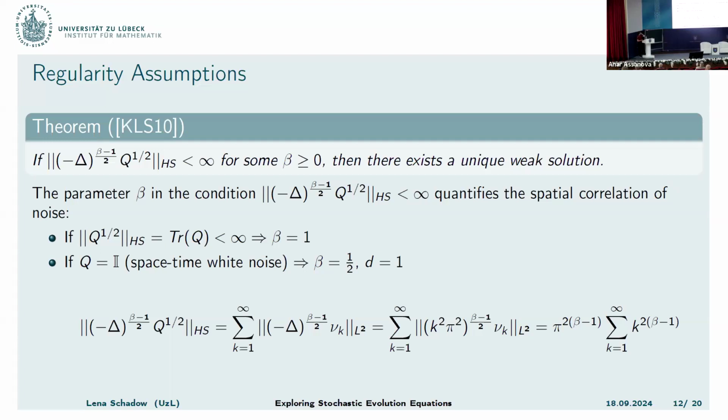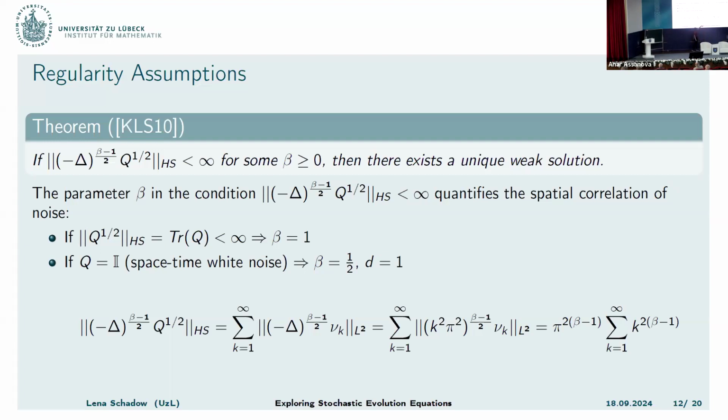But now coming to the more difficult part, which is our part, the case of space-time white noise. In the case of space-time white noise, we have the problem if we write down the Hilbert-Schmidt norm with the identity, we get here the Laplacian operator, and here the normalized eigenfunctions, which are some kind of scale of the sine function.